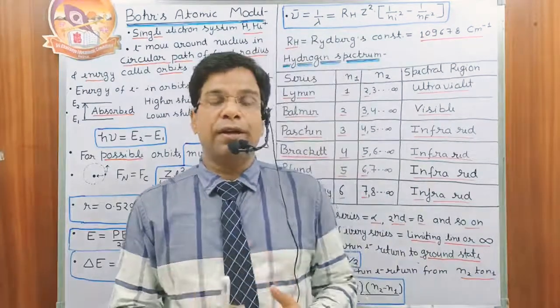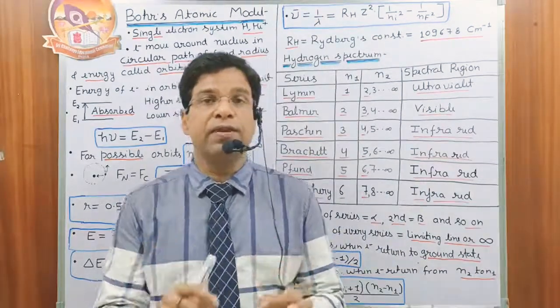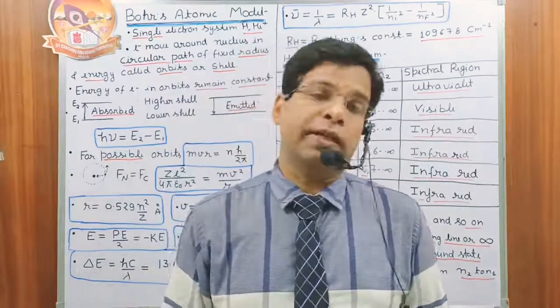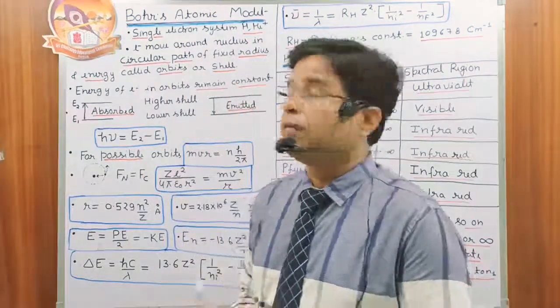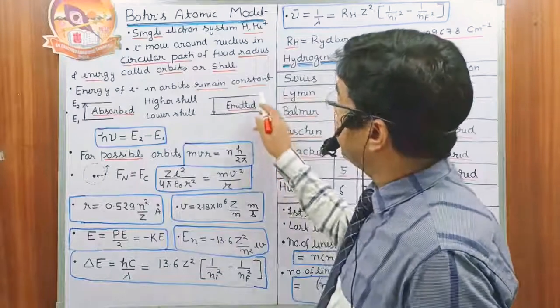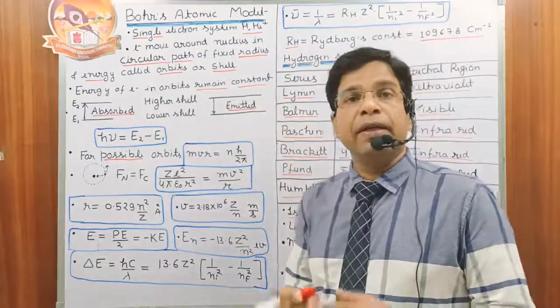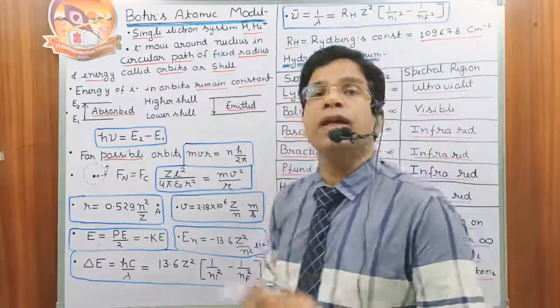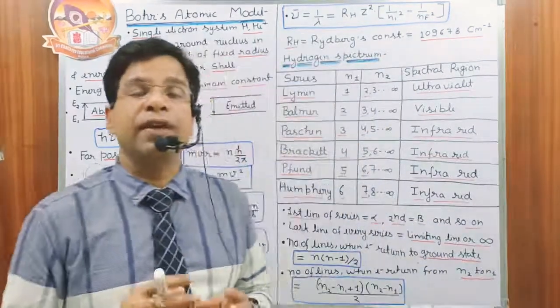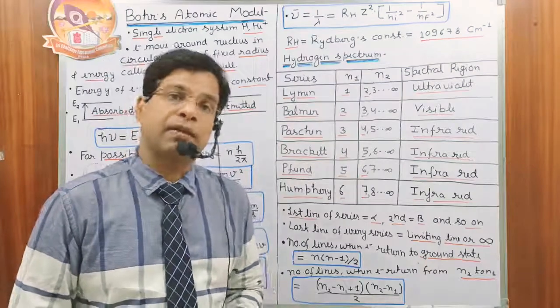When electron absorbs the energy, at this time we can detect the absorption spectrum. But whenever the electron comes back from the higher shell E2 to the E1, then it emits the same amount of the energy, and this time we can detect the emission spectrum.